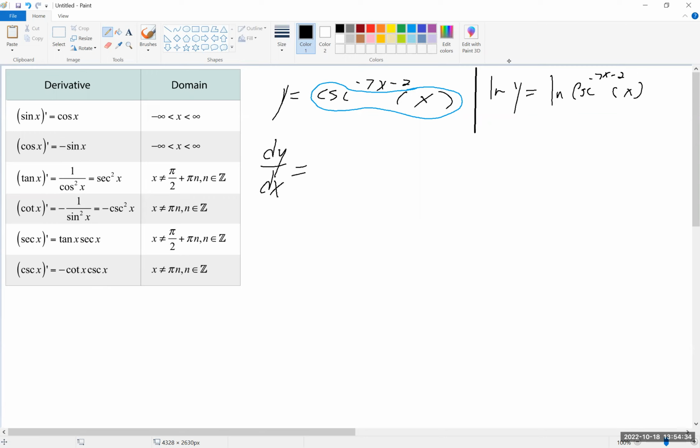It might help if I use brackets here. Taking the natural log of both sides allows me to copy the left as is, but I can bring the negative 7x minus 2 to the front.